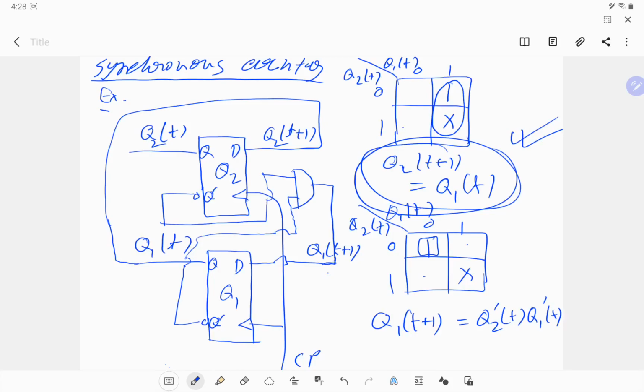Now we have Q2 and also Q1. If we start this circuit operation with the clock pulse here and apply power, it will start counting the sequence of digits that we already specified.